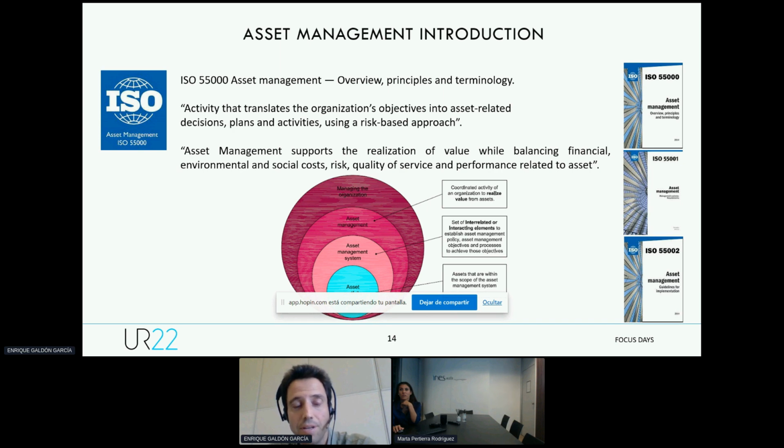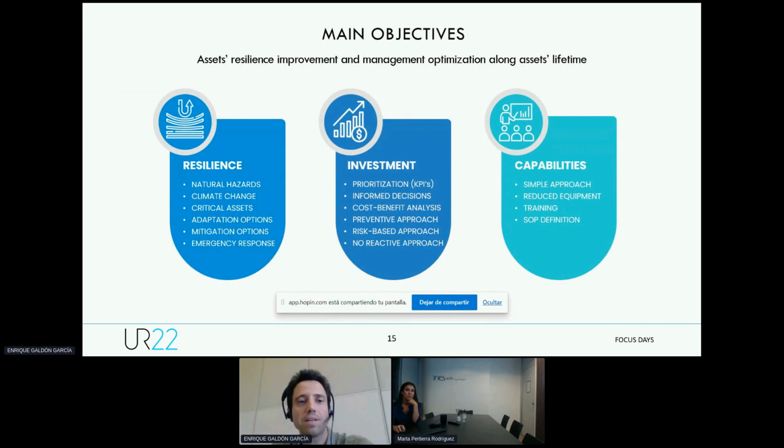And obviously you don't have the amount of money to address all the problems that you're going to have, but you need to get to an optimized solution in which, with the money you got, you get the best performance for your set of assets. So, which are the main objectives? Increasing resilience, improving or optimizing investment, and increasing the capabilities of the managers by implementing this asset management system.